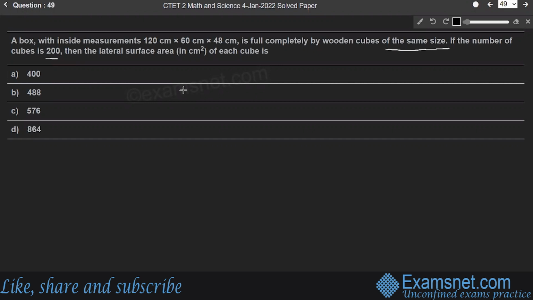Here, dimensions of cuboidal box is equal to 120 into 60 into 48. Right? So length, breadth and height. Right? Number of wooden cubes of the same size.